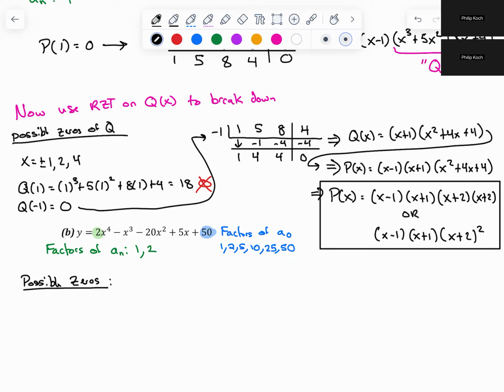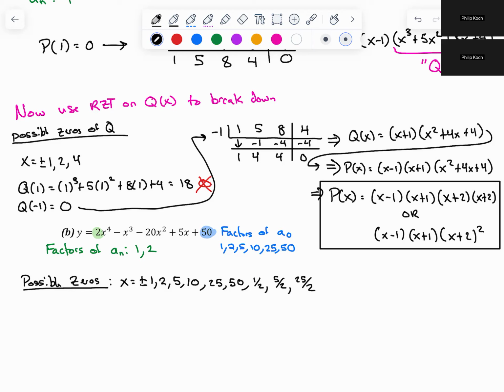Start this on the left-hand side because there's a lot of them. We take p sub 0 over q sub n: 1 over 1, 2 over 1, 5 over 1, 10 over 1, 25 over 1, and 50 over 1.